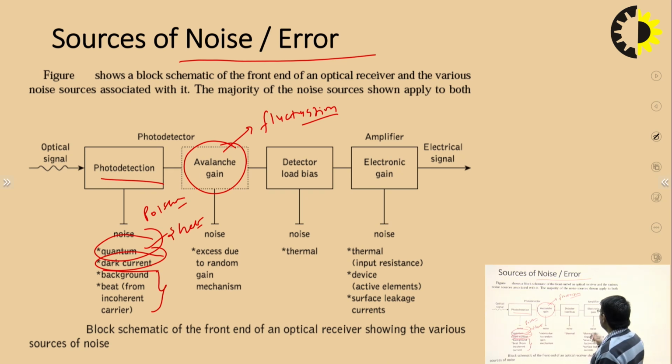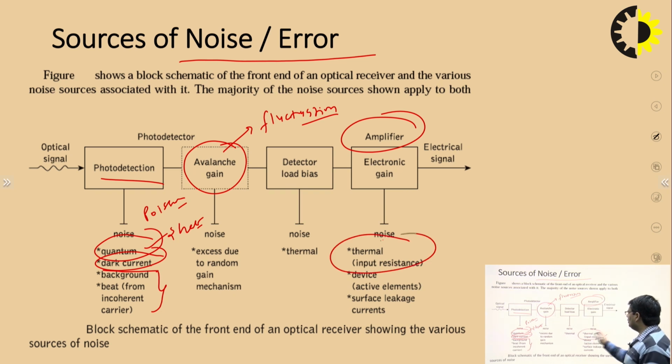Now, we can also have the amplifier part. In the amplifier, the main dominating part is the thermal noise, due to thermal molecular vibrations or movement of the particles or molecules in the resistive components. This thermal noise is mainly present because of the resistive components. We know that thermal noise is equal to 4kTB/RL.